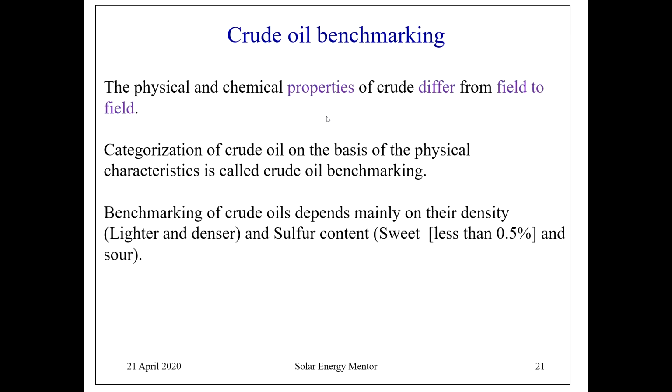Benchmarking of crude oils depends mainly on their density, a crude can be lighter or denser, and sulfur content. So a crude oil is sweet if it has less than 0.5% of sulfur content. It becomes sour when the sulfur content crosses 0.5%.